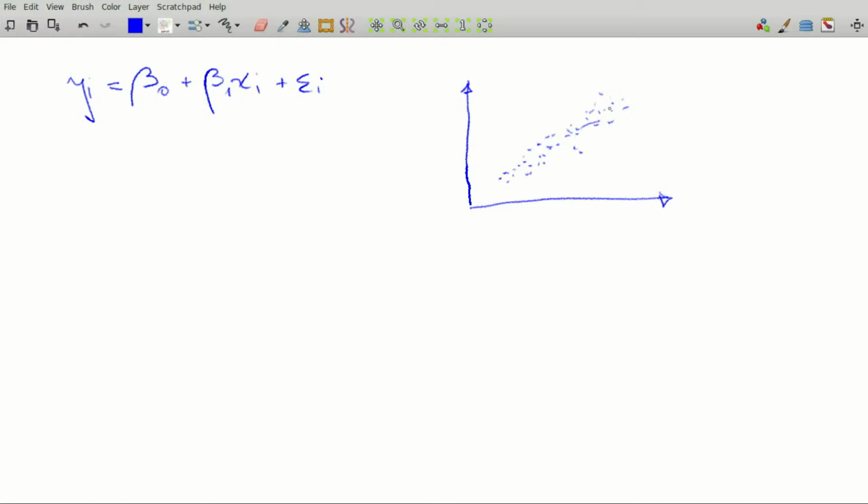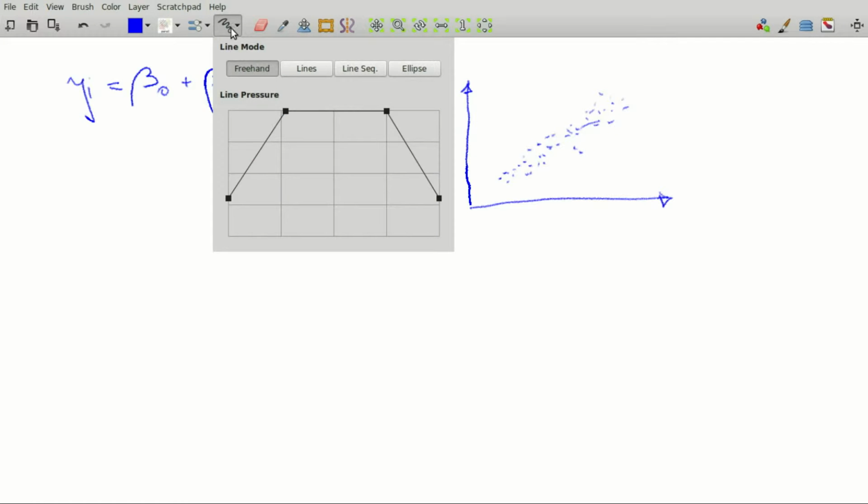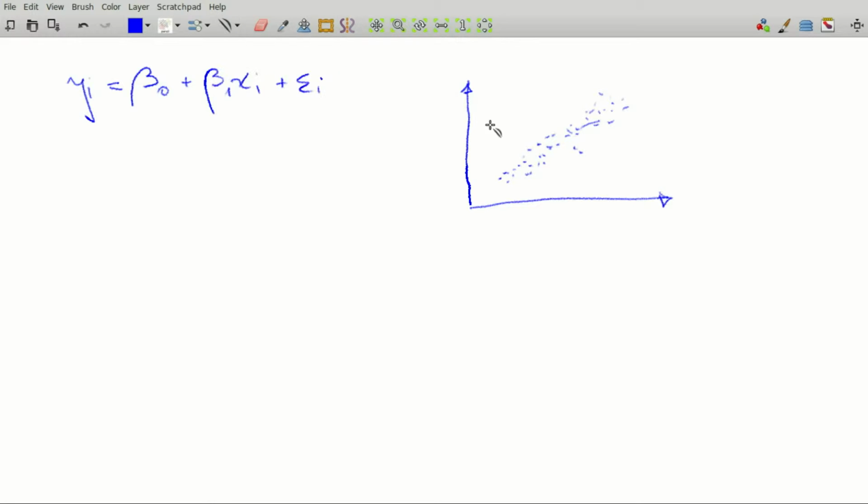When we fit a linear model in R, then the result will be, let's see if I can put in here a line, R would put something like that. Well then, we would have estimates of beta naught.